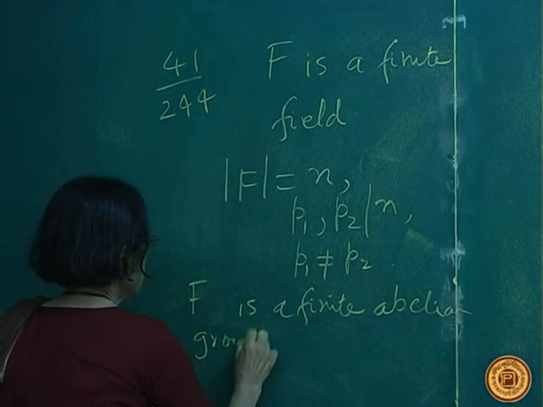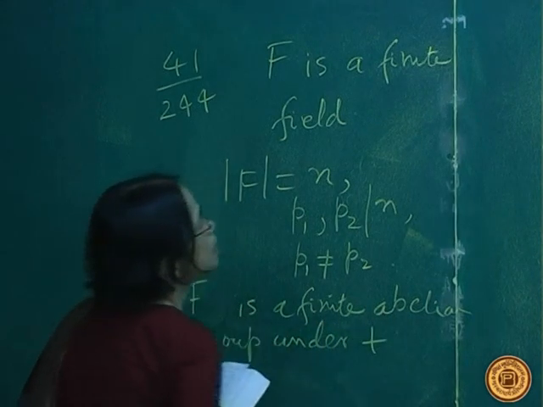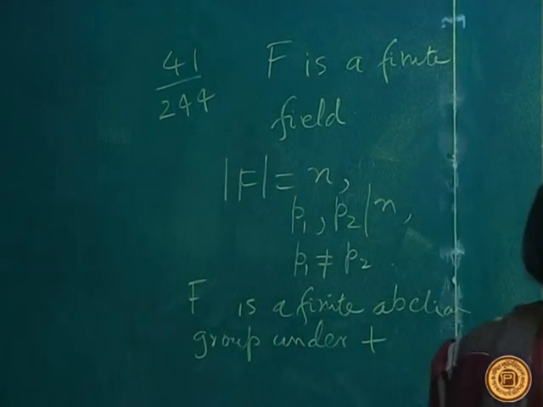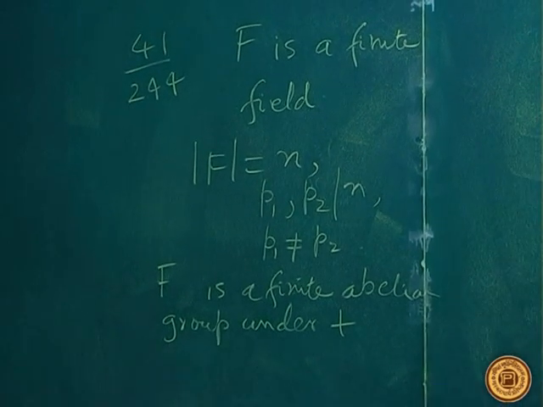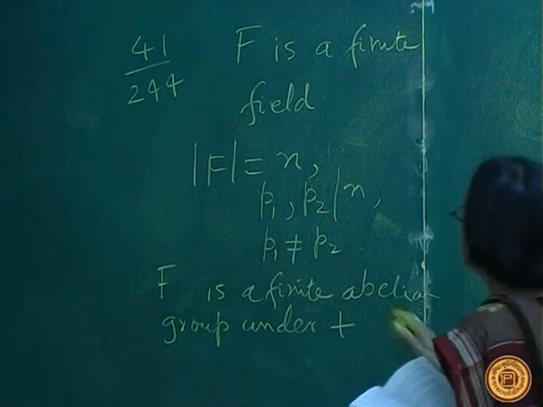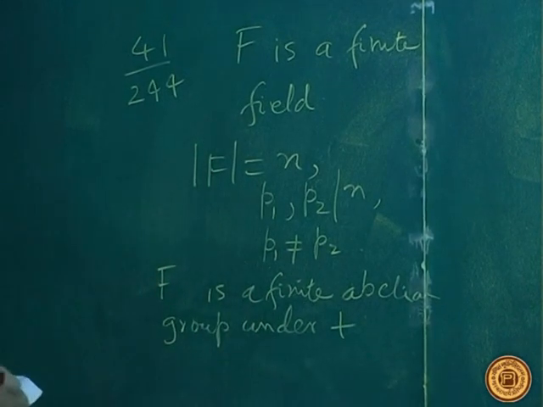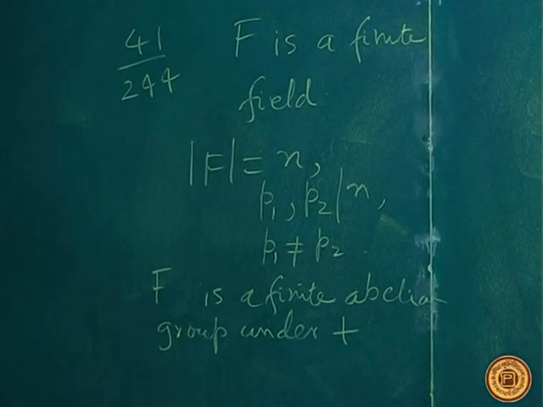under addition. So by the fundamental theorem on the structure of these groups, it will be a direct sum of cyclic groups. And p1 and p2 will divide those subgroups.